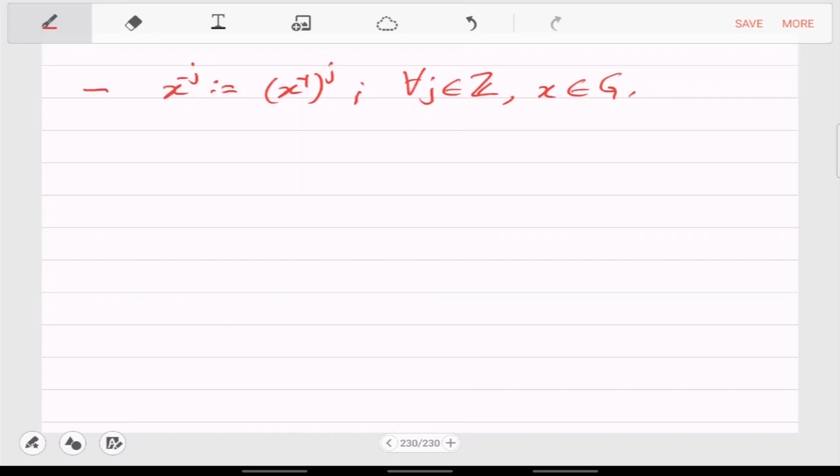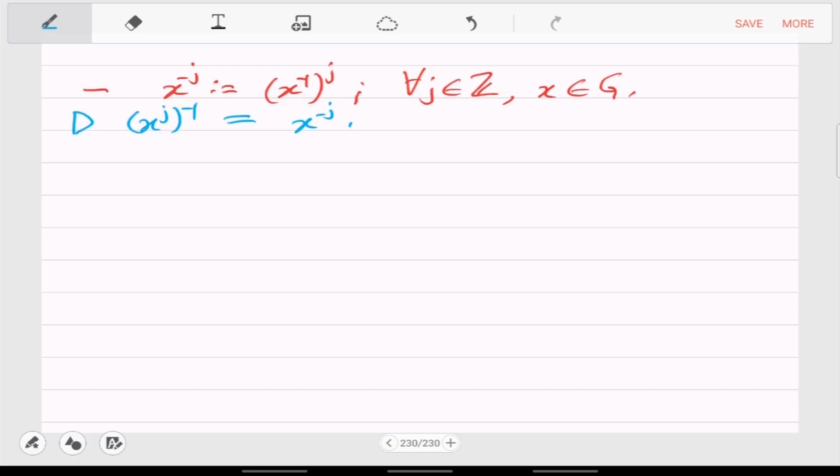And okay, there is one more thing here. So what do you think will happen if I do the opposite thing, which is I first multiply j times and then take the inverse? What will I get then? Yeah, then also you will get the same thing. Okay, so this x to the minus j is quite flexible.